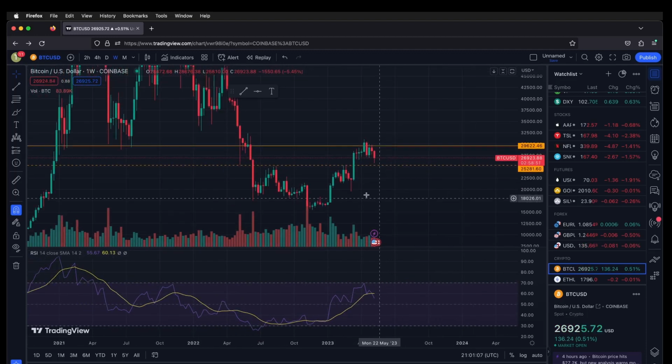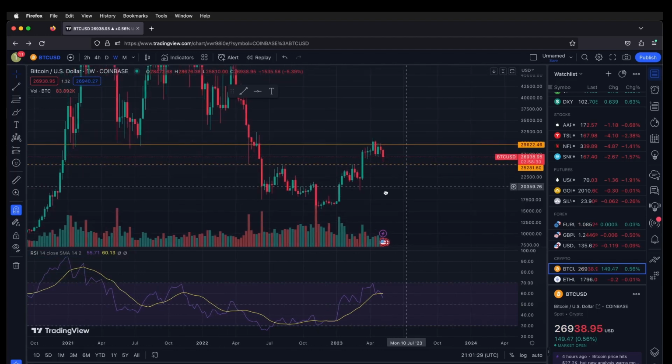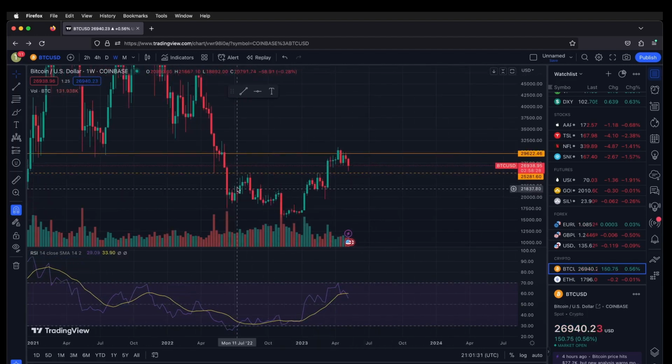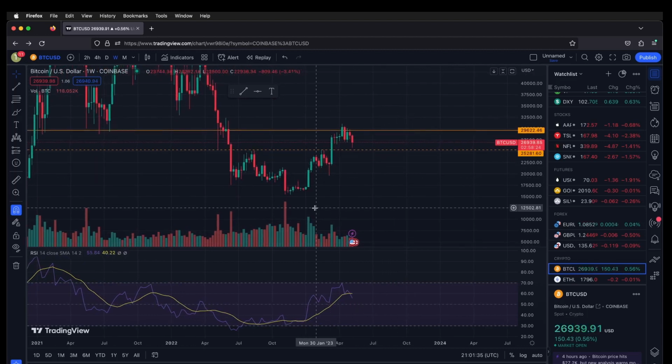You can see that we have the volume on the chart and we have the RSI. These two indicators are the only indicators that we have on this chart because we're going to be charting minimally. Taking a look at this chart, we can see a chart pattern that is called a head and shoulders.